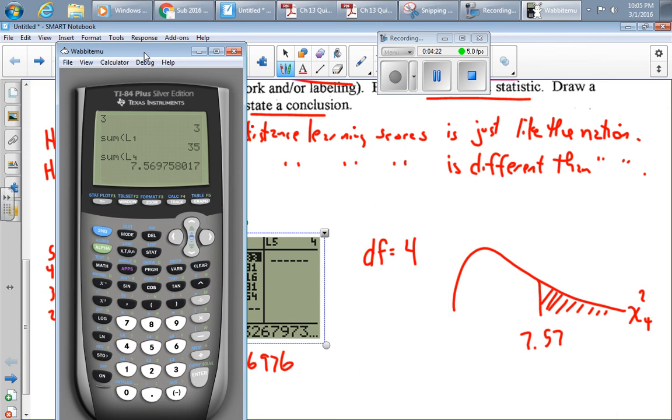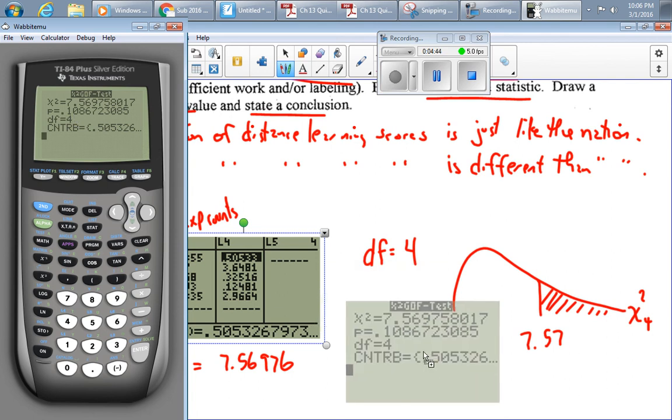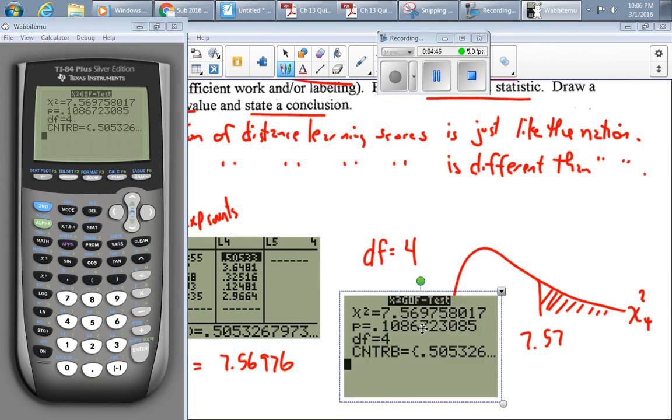Now at this point you can either use your chart or your calculator, and I'm going to go ahead and do a stat test. This is the goodness of fit test. The observed values are in L1. My expected values are actually in L3 with 4 degrees of freedom. Calculate. Here is my p-value. My p-value is right there.